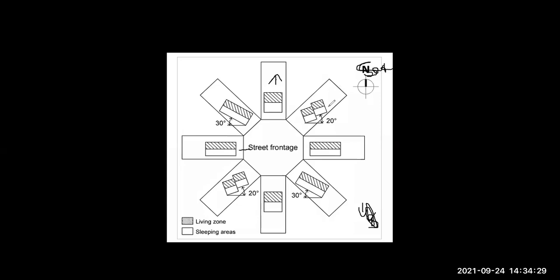Now, if the street is at this angle, how can you distribute it? You can build it up into two parts with an offset here. This offset is meant to again provide not the direct sun rays, but still you can get light at a particular angle.